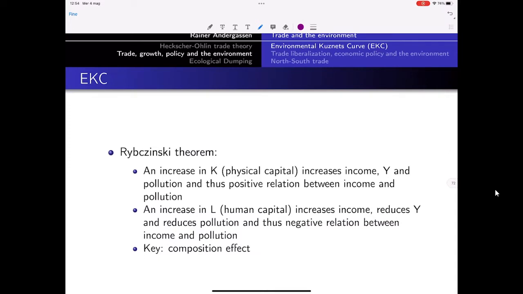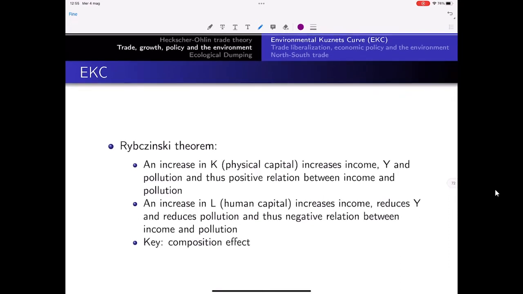Again, in early stages, you have accumulation of physical capital and therefore pollution, and the increase in income is driven by accumulation of physical capital, and therefore more pollution. Then in later stages, human capital becomes more important than physical capital, and therefore you have increasing income but lower emissions.